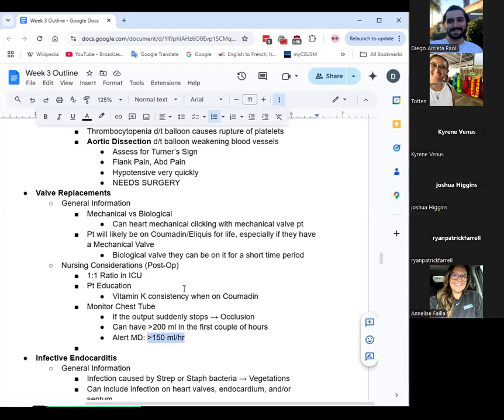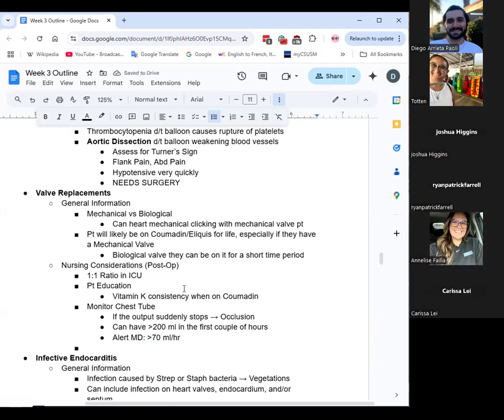I learned it as more than 70 and I was fine, so we'll go with that. It says drainage greater than 70 milliliters per hour. All right, we'll go with that. Big Iggy is different from Little Iggy. Interesting. That's weird, but this is the old curriculum and they're going off very old stuff, so we'll go with the old.